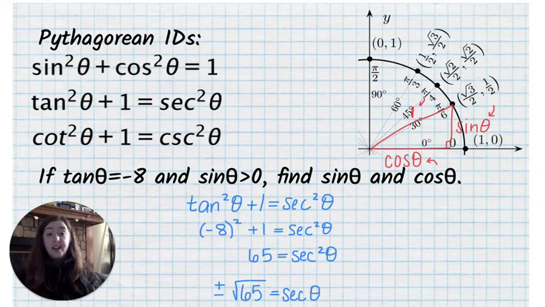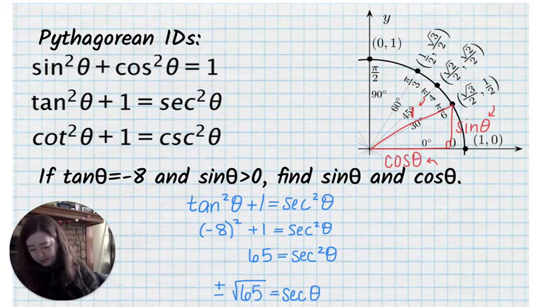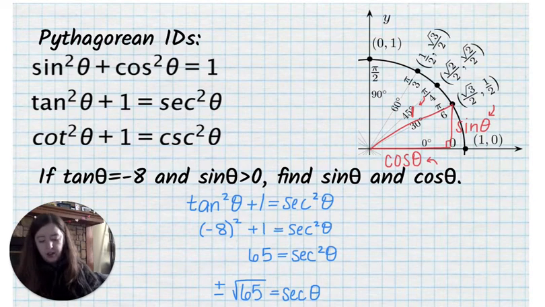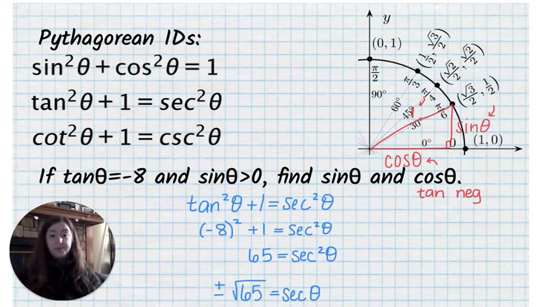So now we have to decide which one is it, plus or minus. Well, let's figure it out. Now, tangent was equal to negative 8, so we know that tangent is negative. And since sine is greater than 0, that means sine is positive.